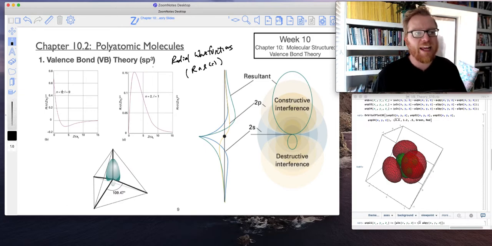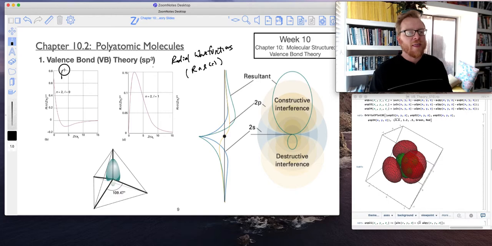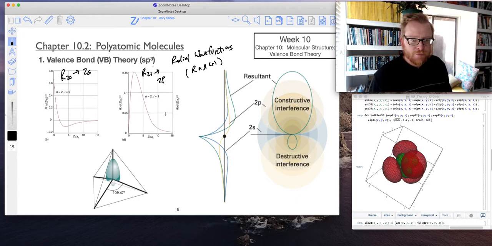So for example, when n is 2 and l is 0, that's R20, which is the 2s wave function. And when n is 2 and l is 1, that's the R21, that gives me the 2p wave function, the radial wave function.